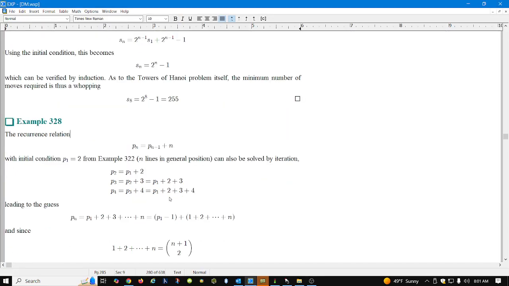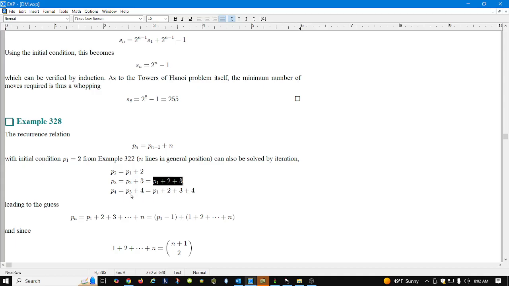Another example, this was the n lines in general position recurrence relation. Initial condition P1 equals 2. 2 regions when you have one line. So again, iteration, first step, first iteration, replace P2 by P1 plus 2. P4 is then P3 plus 4, replace P3 by P1 plus 2 plus 3, right?